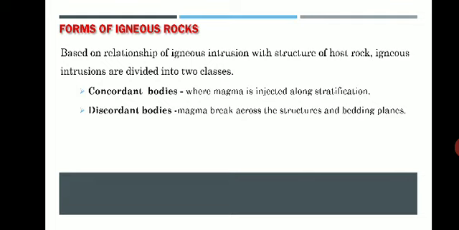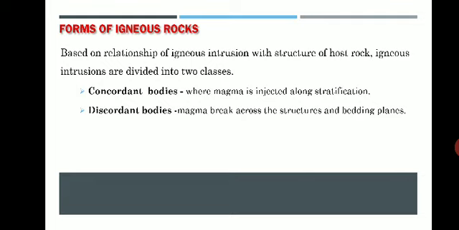Based on the relation of these igneous intrusions with the structures of the host rock, which are already existing rocks, and when the magma intrudes into these rocks, what forms it will get. Based on that, we have two different forms or bodies: one is concordant and the other discordant.